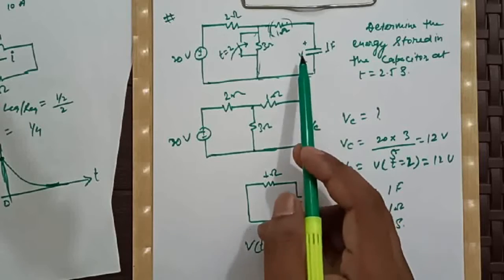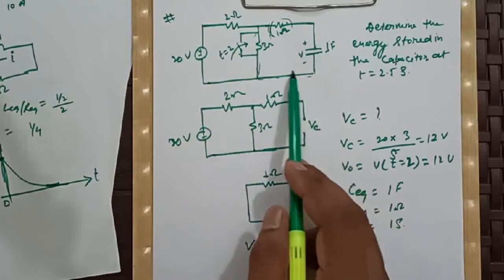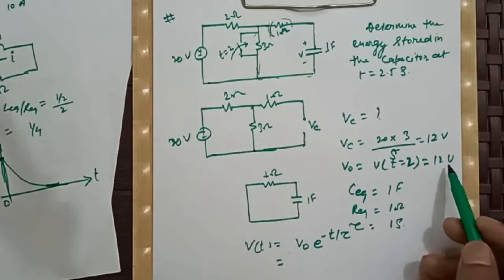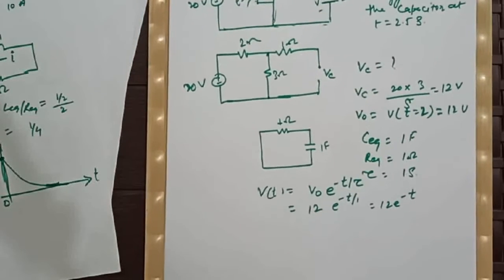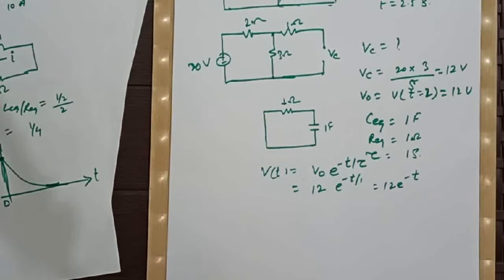Because at time t equal to 2 minus, this was in steady state. So Vt will be 12 e to the power minus t by tau, with tau equal to 1 second, so 12 e to the power minus t. This is the voltage across the capacitor as a function of time.